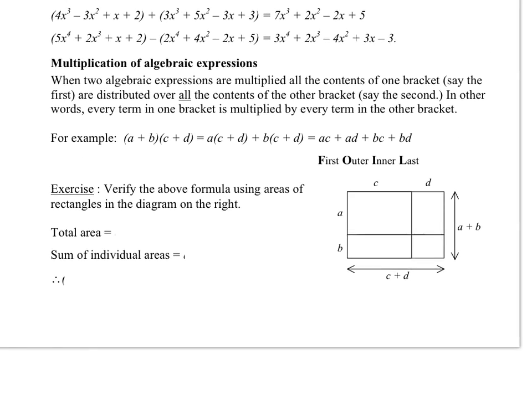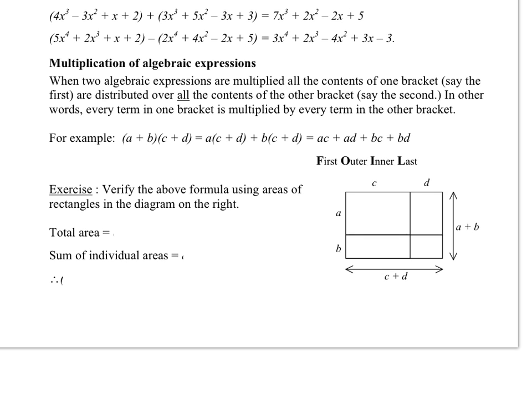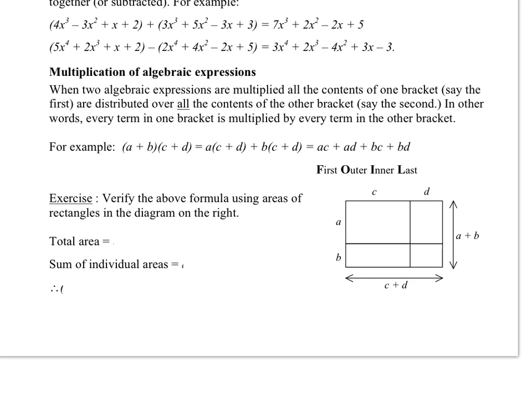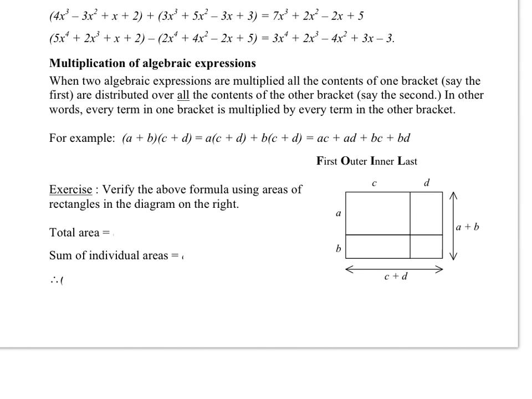Now you probably remember that it's possible to multiply algebraic expressions. For example, we have an expression here, a plus b times c plus d. You've got to do the c plus d times the a, and then the c plus d times the b. So a times c plus d plus b times c plus d.